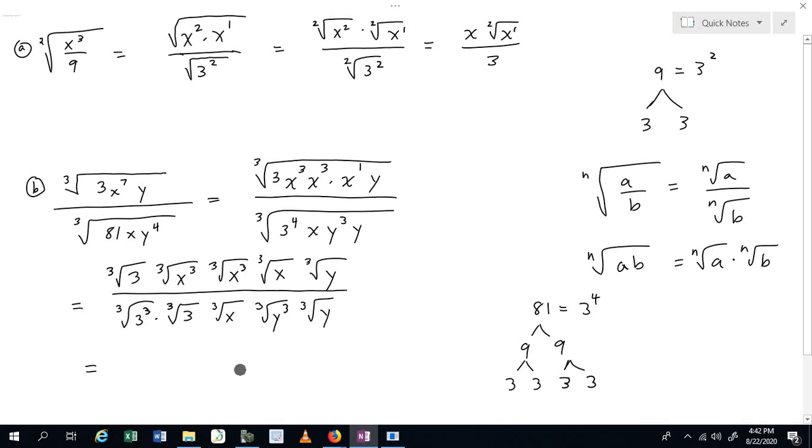Okay, so let's see if we can't simplify this. All right, the cube root of 3, this power is less than the index, so you can't simplify that. This one you can, that's just x. That's just x. This you can't, right? The power is less than the index. And this one you can't either.